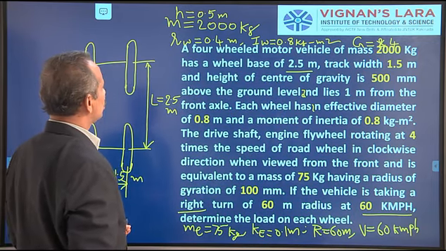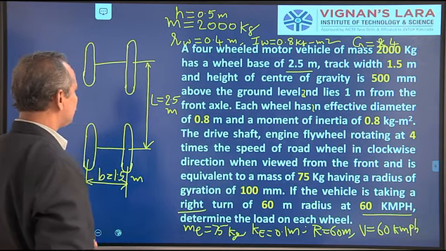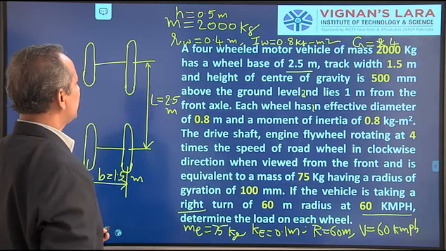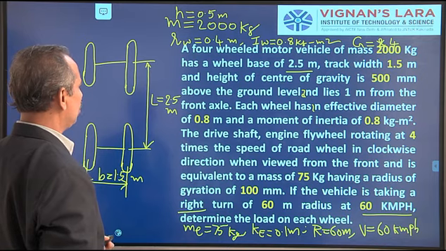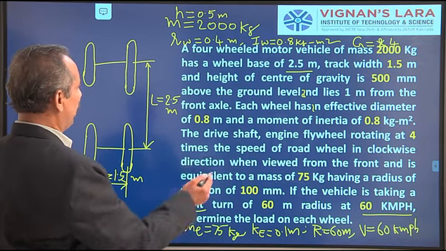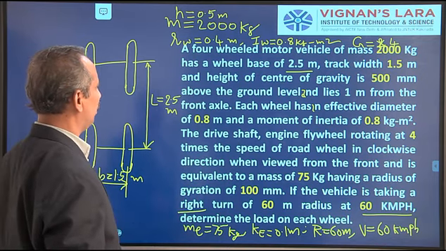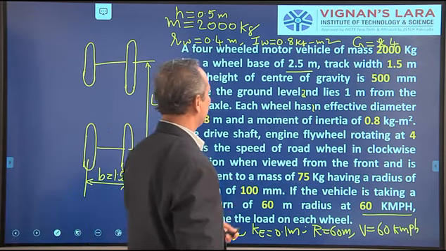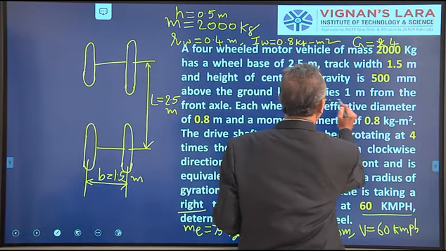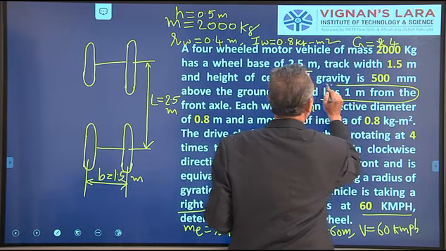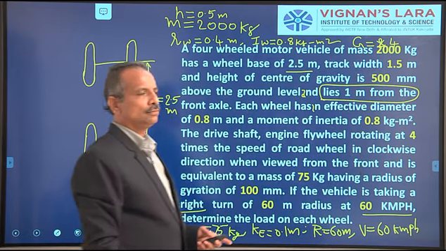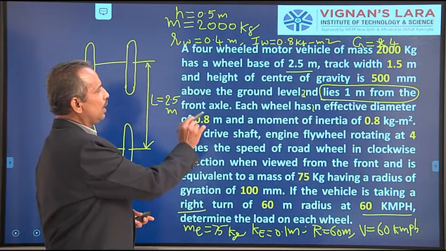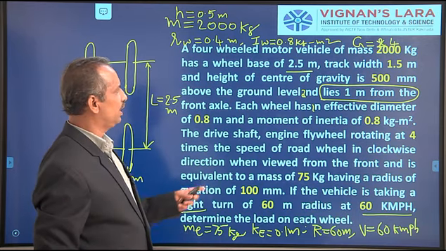So in this case, let us see how to solve this problem to find its total center of gravity and total forces on the wheels. And one more very important thing: where is the center of gravity?